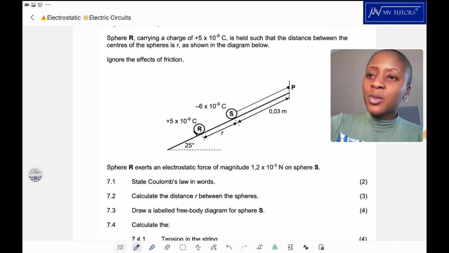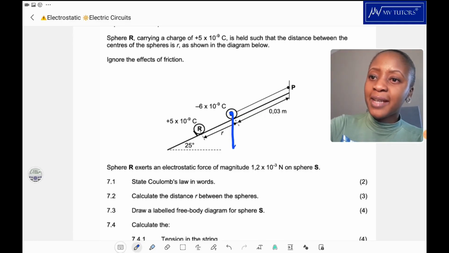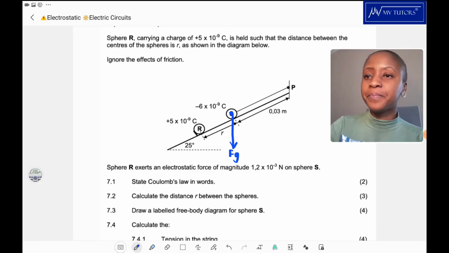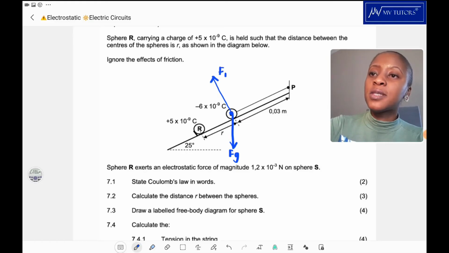So here's S. We're going to indicate that with a dot. First of all, we have the force of gravity acting on it. Others would put W. Then normal to the surface, or perpendicular to the surface, we have the normal force.